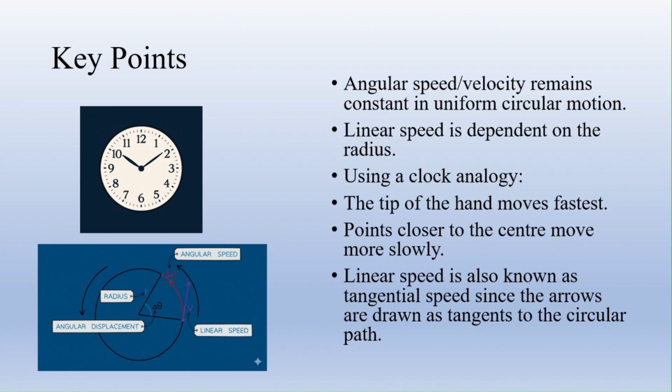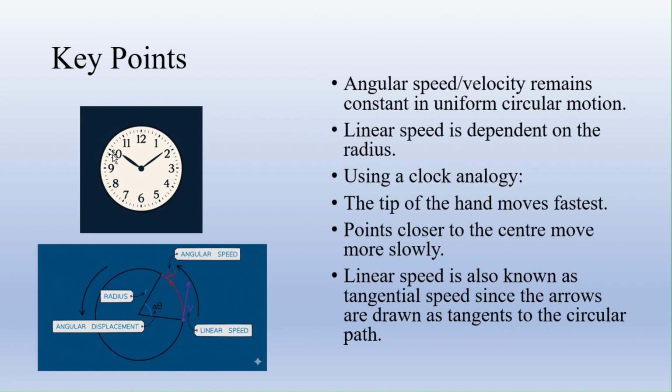The reason why we take into account angular speed and not just linear speed is that if you have a look at this clock face, if you are closer to the center of the clock, you move more slowly. But the tip of the clock hand moves faster.